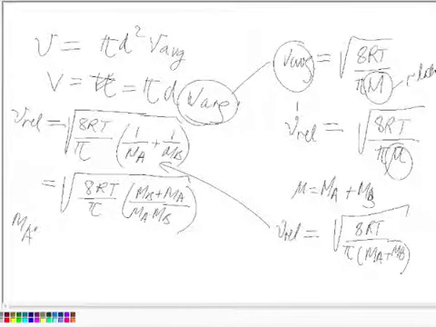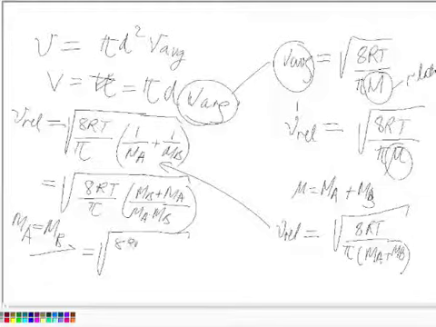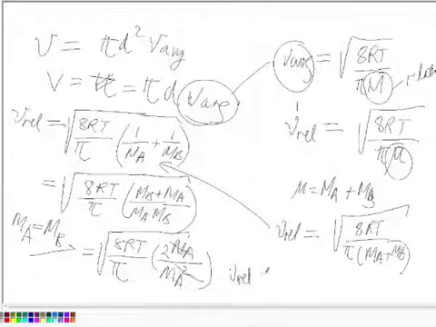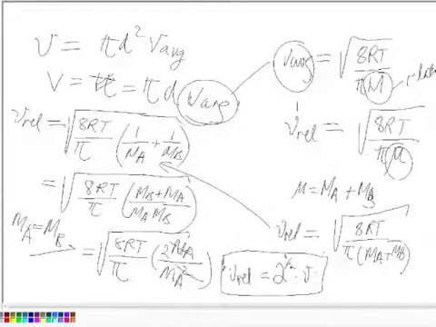If MA is the same as MB, then we have v relative equal to the square root of RT per pi, times 2 per MA. We can cancel out there, and from here we have v relative equal to the square root of 2 times v average.